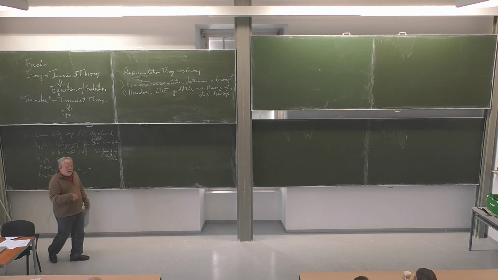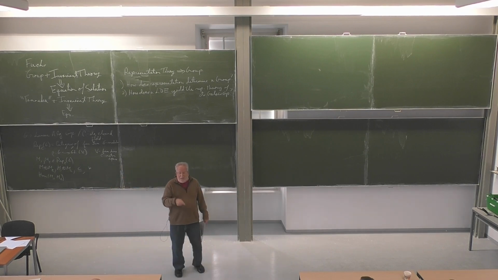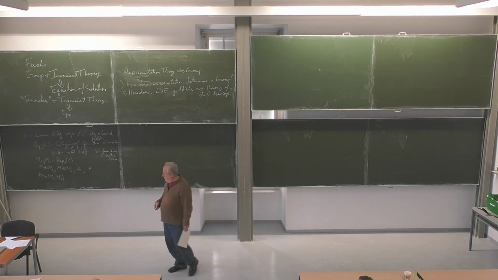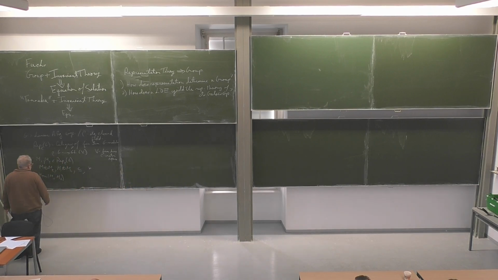So if you have a linear map on G times V, you're going to get G times the map applied to V. And an interesting thing about this is that this is also a G module.